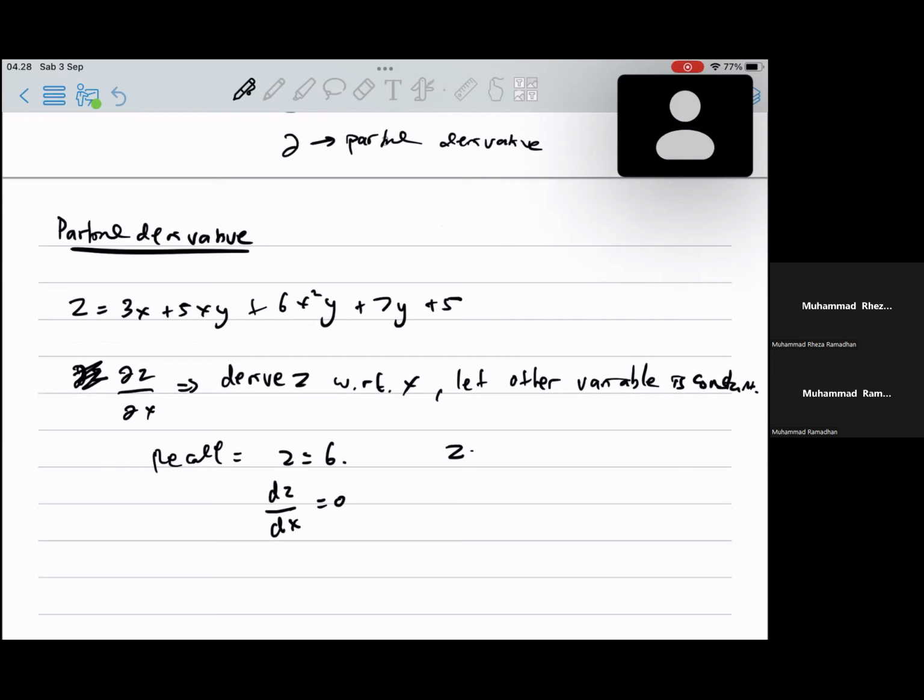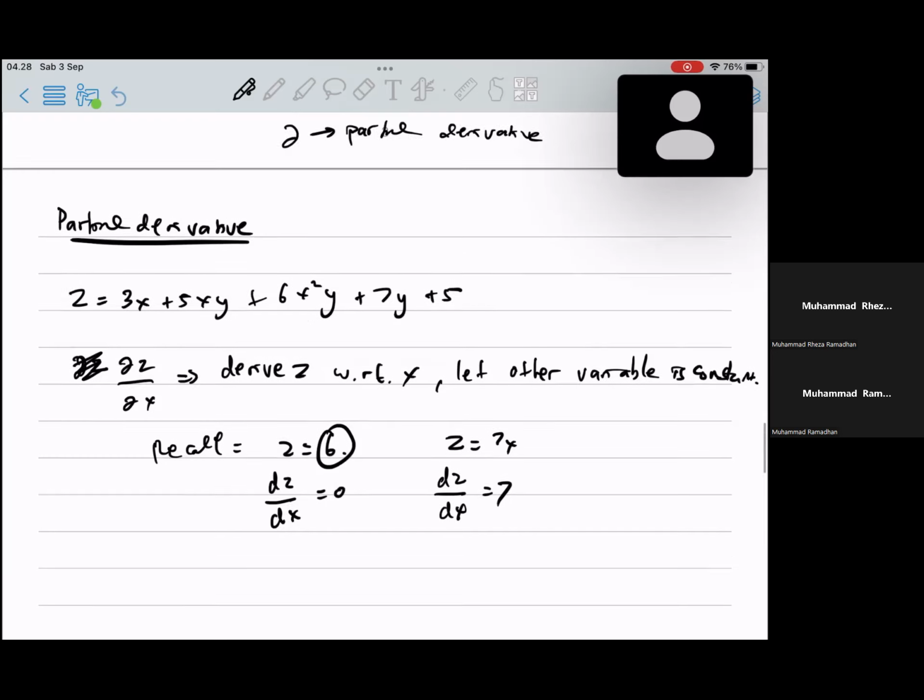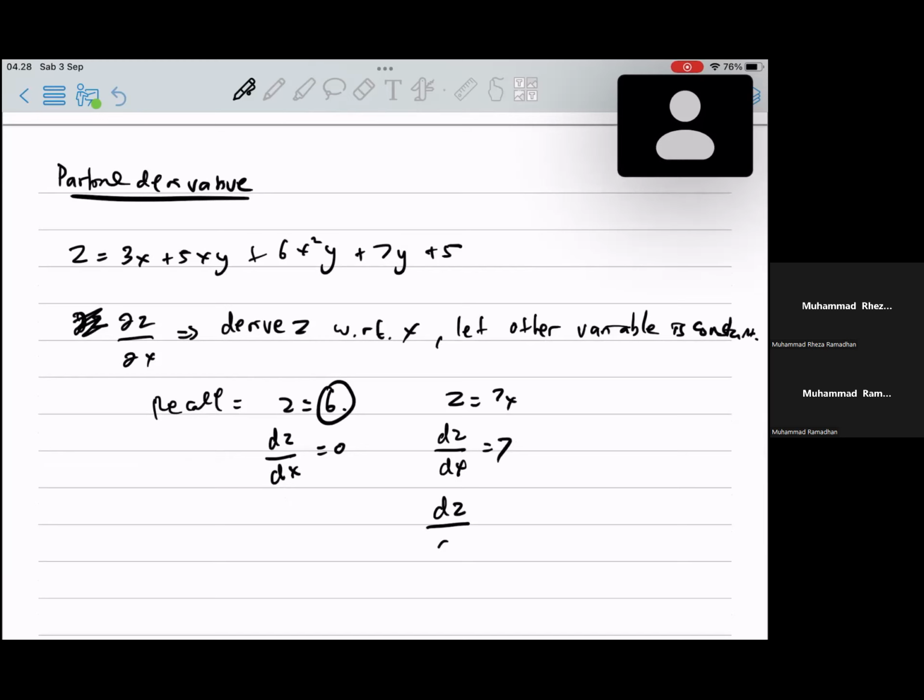But if you have z equal to 7x, dz over dx is 7, but dz over dy is 0 because there is no y in this term.